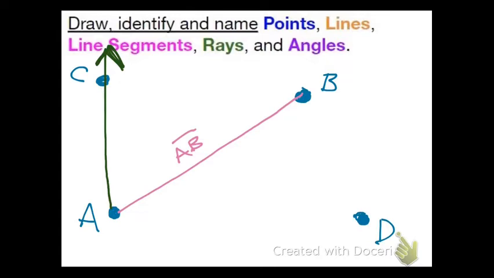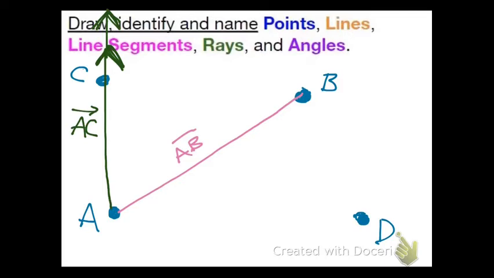So I started at point A and I went all the way through point C and I could keep going. That looks kind of funny, right? That ray is going on and on and on. We label a ray with A, C, with a line and an arrow over the top. You'll notice the ray's notation has an arrow over the top to show that it is a ray.